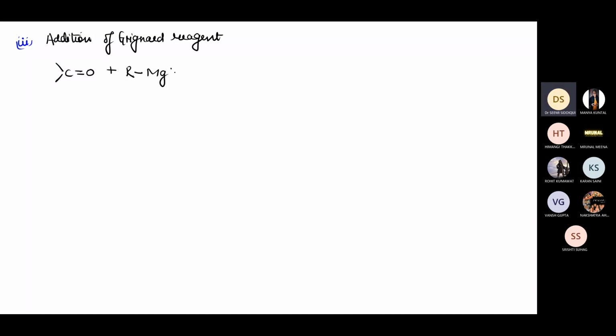Grignard reagent means RMgX. Now, over here, you know that carbon atom is positive charge. In this particular case, the alkyl group is negative and this is going to be positive. So what is going to happen? This positive is going to attack on this negative and this negative is going to attack on this positive.